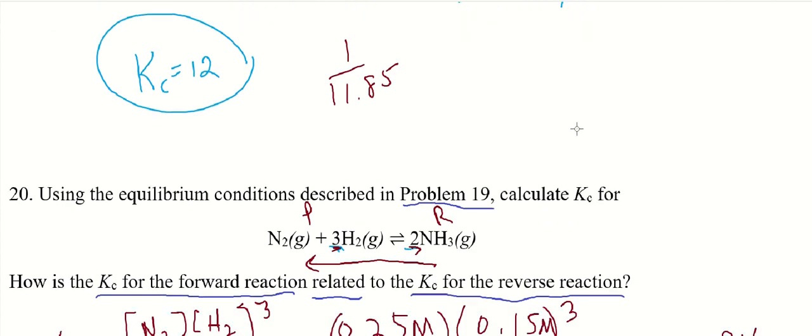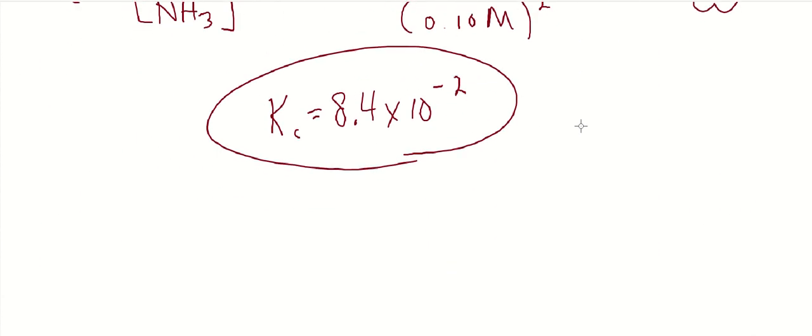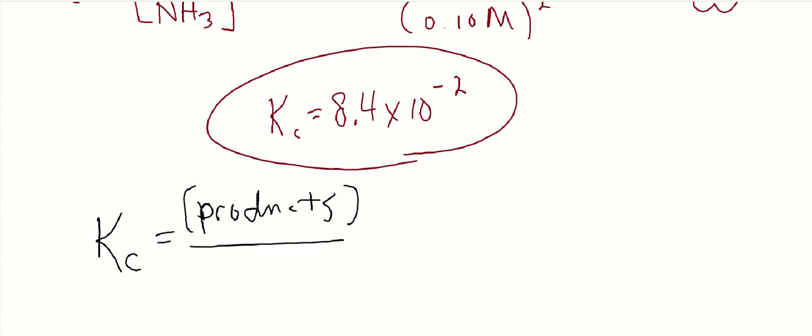Well, it doesn't tell us the conditions as far as temperature and pressure, but the equilibrium constant expression tells us the relationship between the concentrations of the products over the concentrations of the reactants.